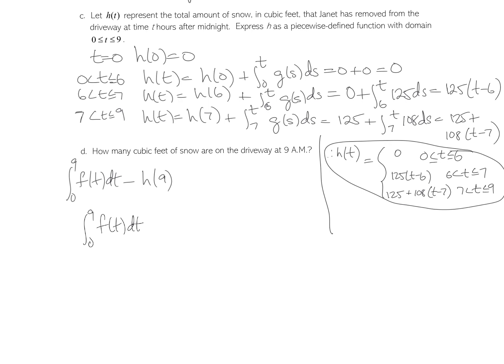H of 9 should be the 125 plus 108 times T minus 7. So this is going to be subtract, maybe big brackets, 125 plus 108. My time is 9, so it's going to be 9 minus 7. So if I put this all into my calculator, I get 26.335 cubic feet. And that's how many cubic feet will be on the driveway at 9 a.m.